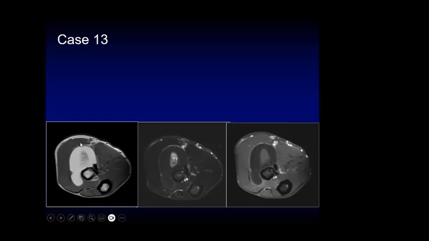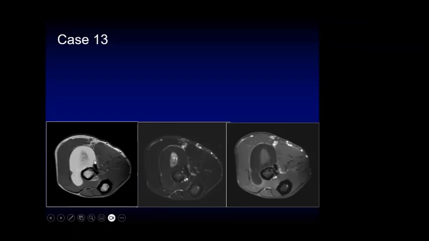Well, that means what? Hemorrhage. Okay, well, hemorrhage would not suppress on T2FS. So it's high on T1, but suppresses on T2FS. Fat. So it's fat, yeah? Okay, that's fat. It's suppressed here.